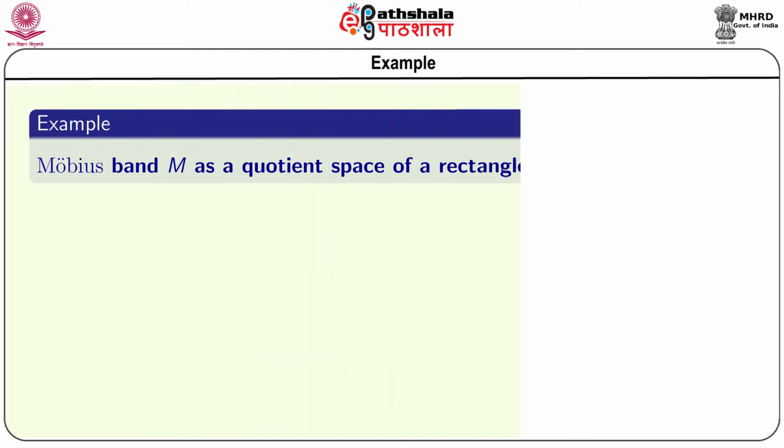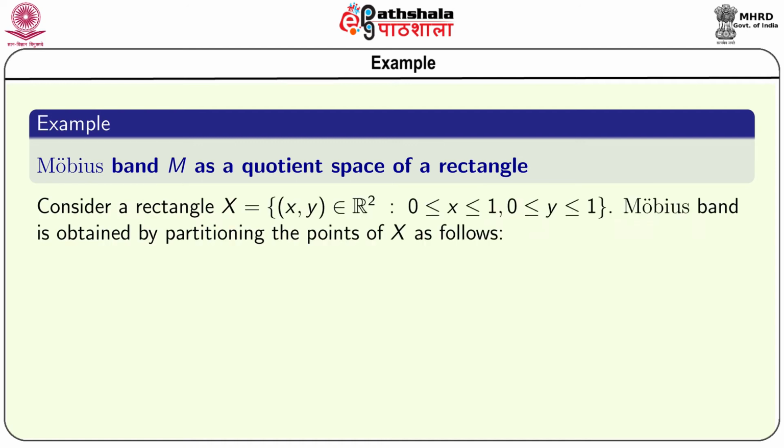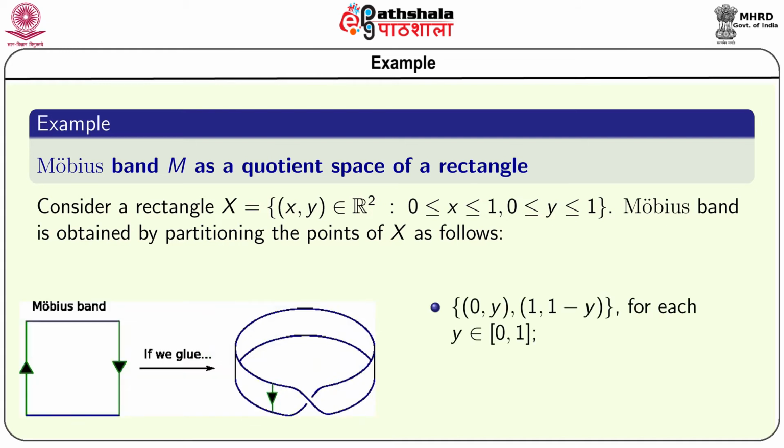Mobius band as a quotient space of a rectangle. Let us see how we can get the Mobius band. We consider the rectangle X containing the points x, y from R2, where x varies from 0 to 1 and y varies from 0 to 1. We take the partition as follows.